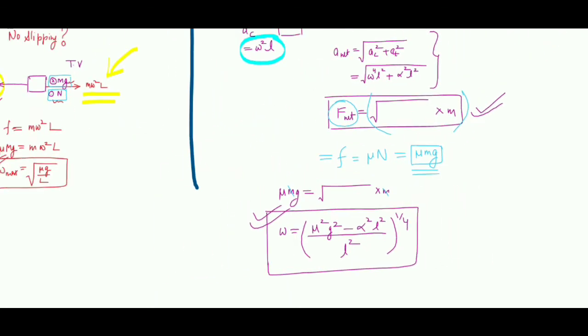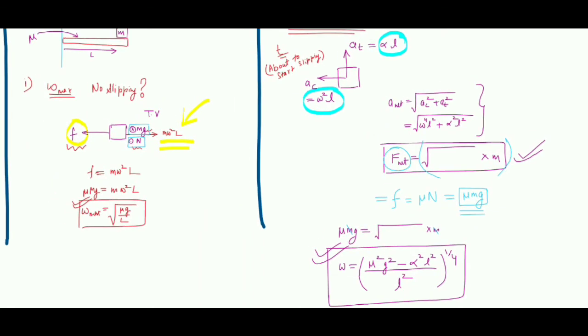Now this is the value of omega at the time when the box will start slipping. And if you see carefully, the value of omega this time is lesser. Earlier it was under root of mu g by L. This time it is mu square g square minus this factor alpha square L square, which is getting subtracted.